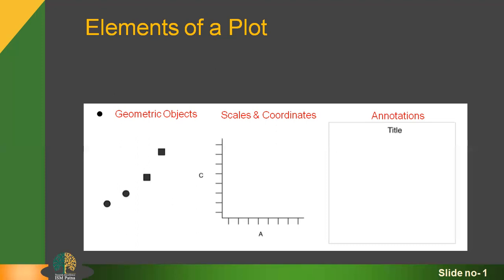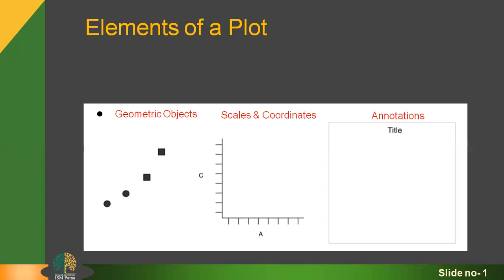And then after generating all the points on the graph paper, they are interconnected. This interconnection is carried out using some geometrical figure, geometrical object. Like we can connect using a straight line, we can connect in a circular way, we can connect in a square way.